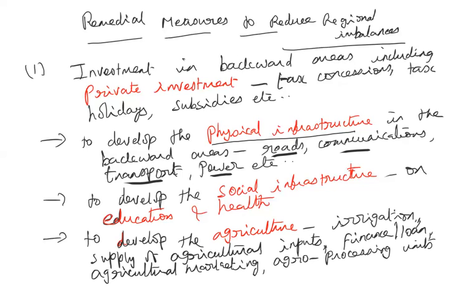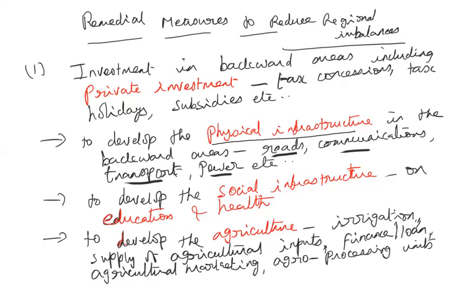For paddy, the husk has to be removed and it is converted into rice, isn't it? So the commodity has to go through certain processing before it is useful for final consumption. It is like giving a farm utility to the commodity. So for that, different agro processing units are necessary.